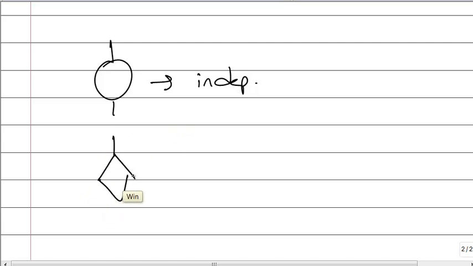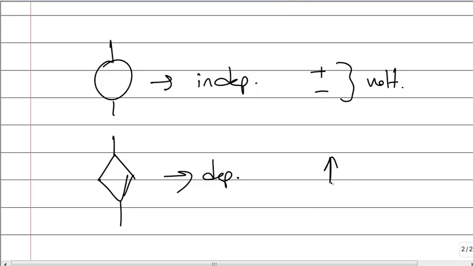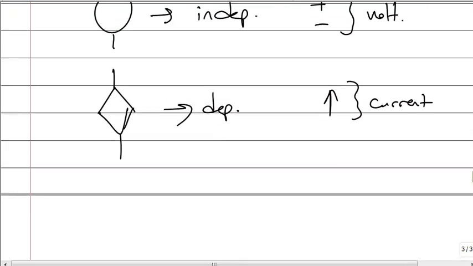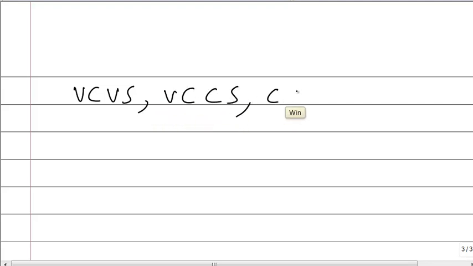If you see a rectangle, it will be a dependent source. If you see plus and minus in a source, it's a voltage source. If you see an arrow, it's a current source. So there are 4 types of dependent sources: voltage controlled voltage source, voltage controlled current source, current controlled voltage source, current controlled current source.